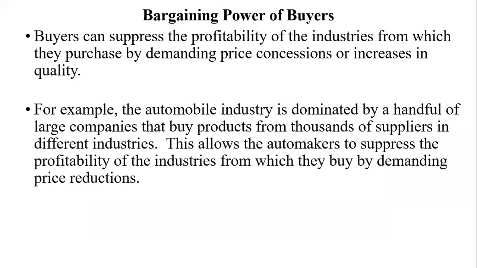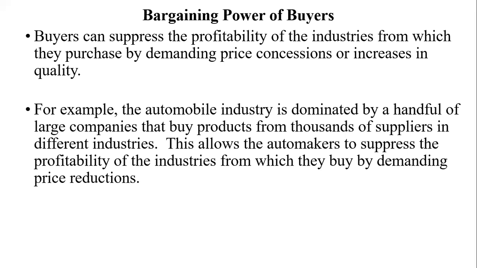Now, bargaining power of buyers. So this is also another force as far as the competing framework or Porter's five forces is concerned. Buyers can suppress the profitability of the industry from which they purchase by demanding price concessions or increasing their quality.